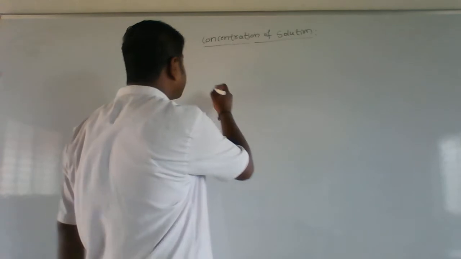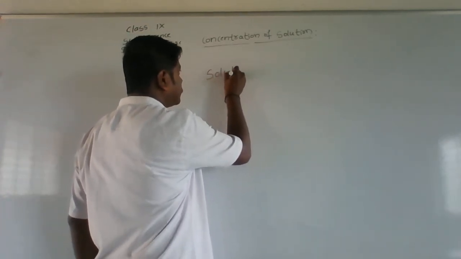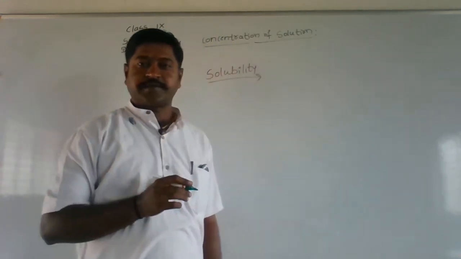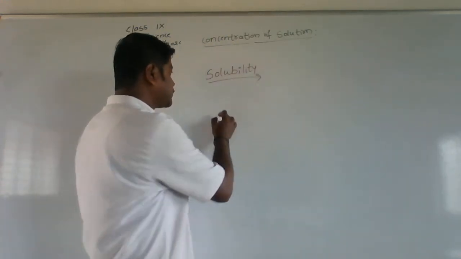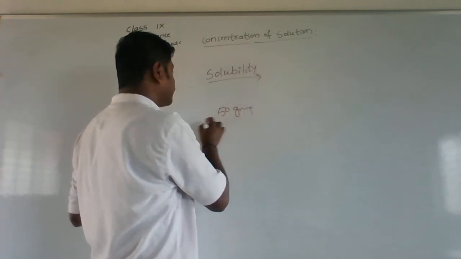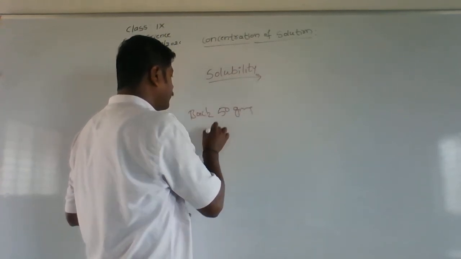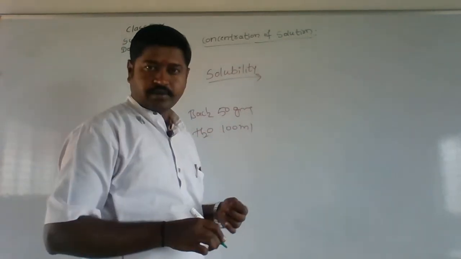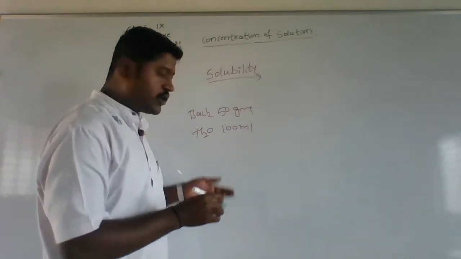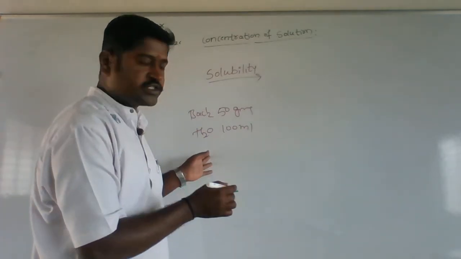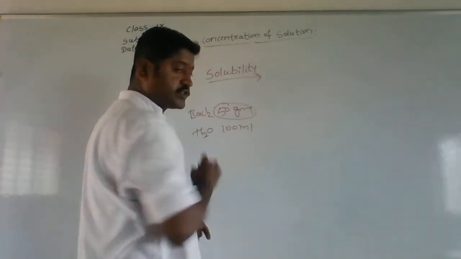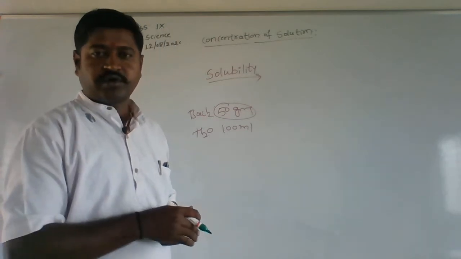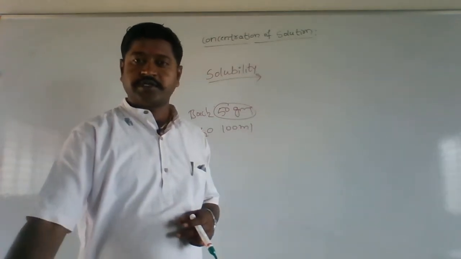The next is solubility. What is this solubility? In the earlier example I said 50 grams of barium chloride is dissolved in water of 100 ml. Right? So here the solubility of this barium chloride and water solution is 50 grams. Why? Because the solute, how much it is going to dissolve, that is its solubility.